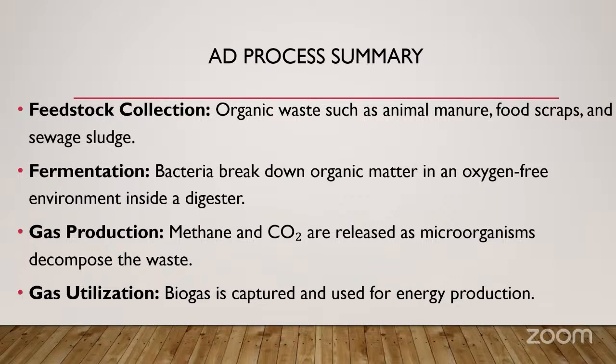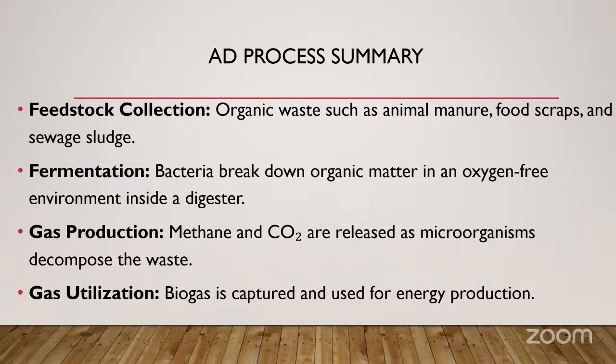In addition, if we don't have manure or animal waste, we can also use any municipal sewage or waste, which can be fed inside. As long as it's organic matter, it's possible to produce some methane out of it by fermentation in an oxygen-free environment.